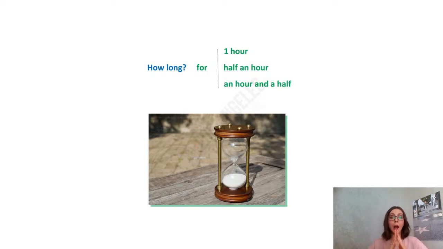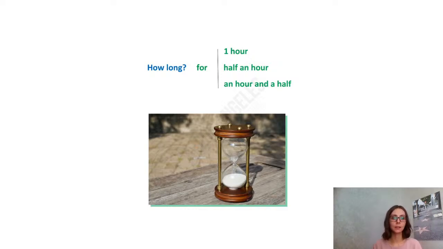And if you want to say how long you do something, for example, I usually have breakfast for 10 or 15 minutes, you would say for. So 60 minutes is 1 hour or an hour. So for an hour. 30 minutes is half an hour, for half an hour. 60 minutes plus 30 minutes would be an hour and a half.